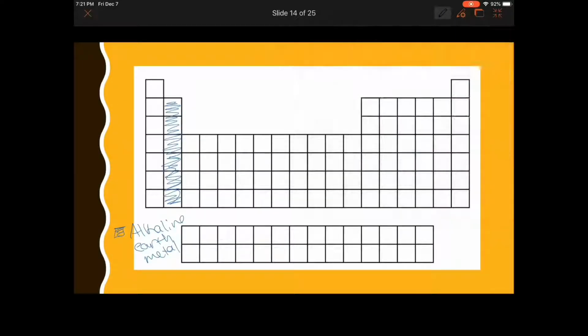And again, if you want this little cheater, you can write a +2 up at top to make sure that you know that this creates a +2 cation.